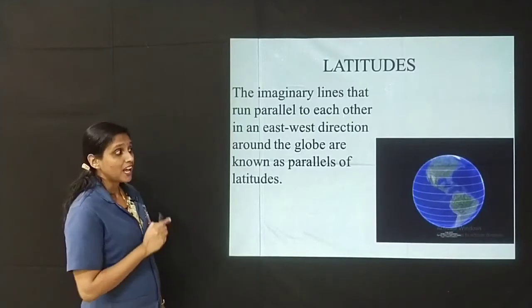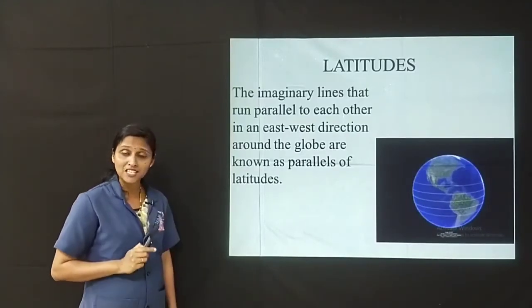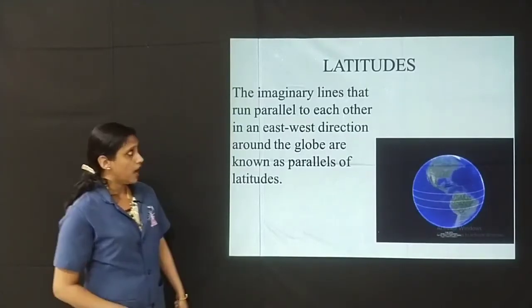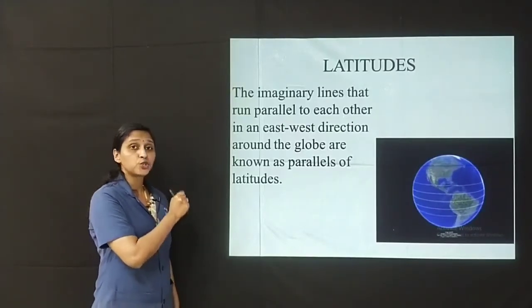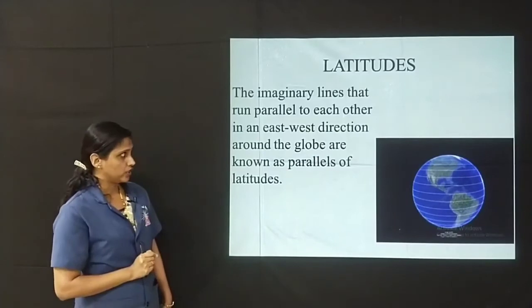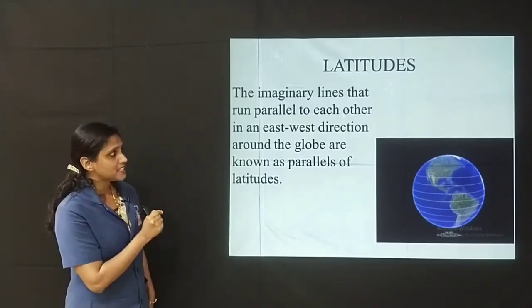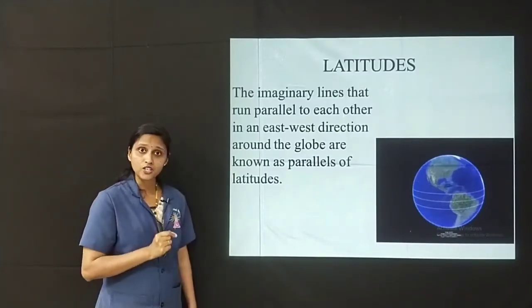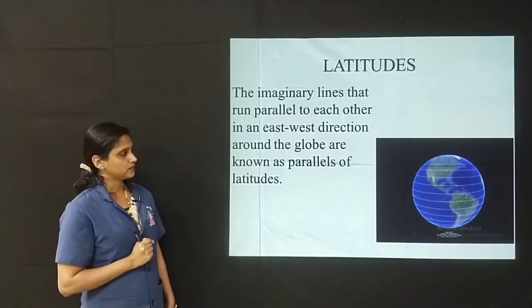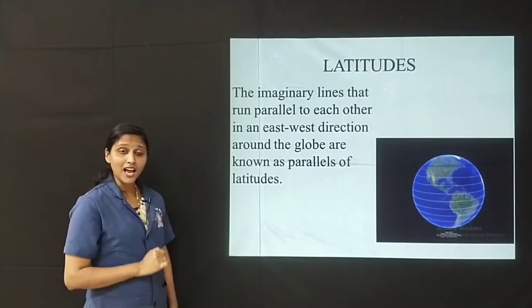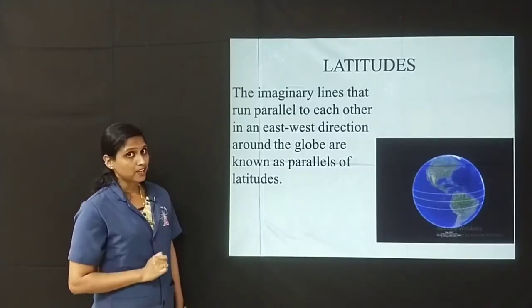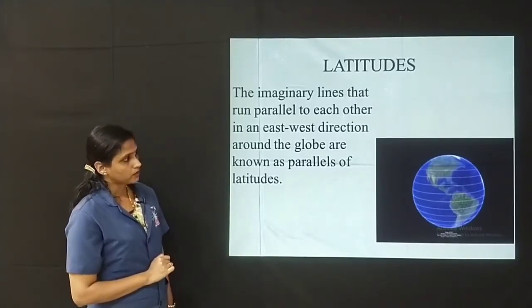These lines help us to locate the places on the earth and they are in which direction? They run from east to west direction and these lines are known as parallels of latitudes. And these lines form a complete circle as earth is spherical in shape.